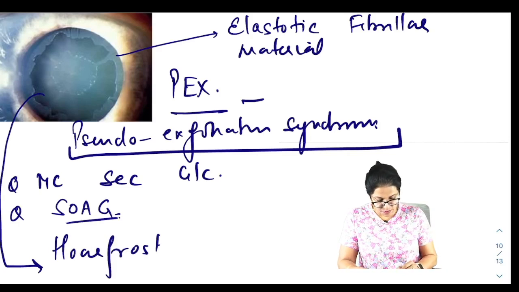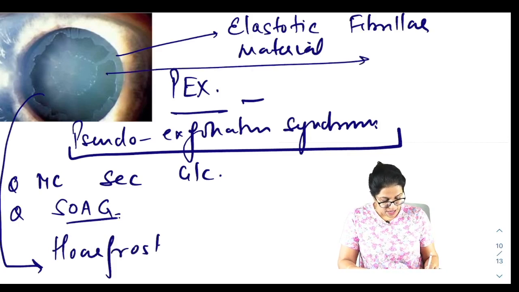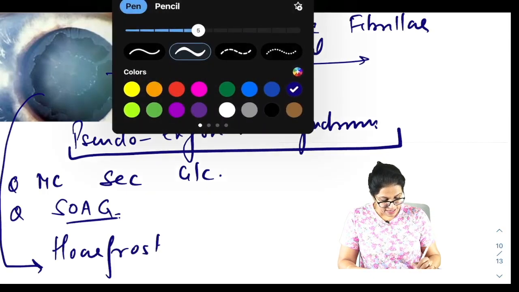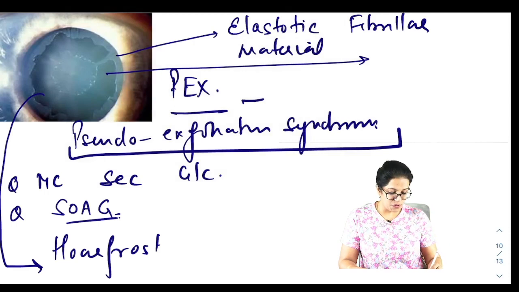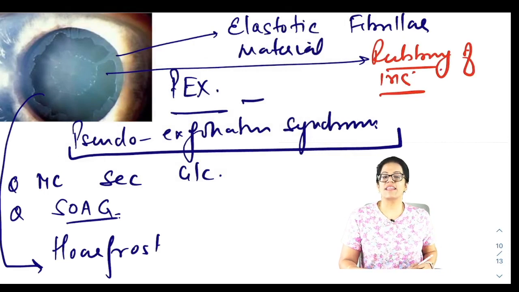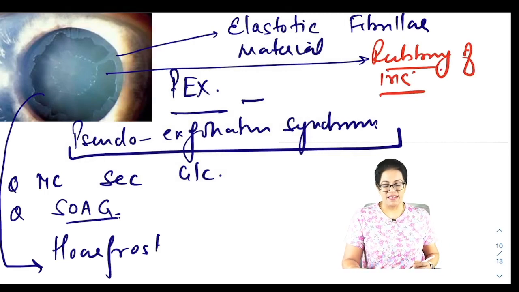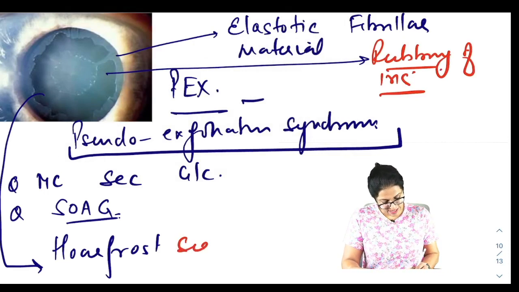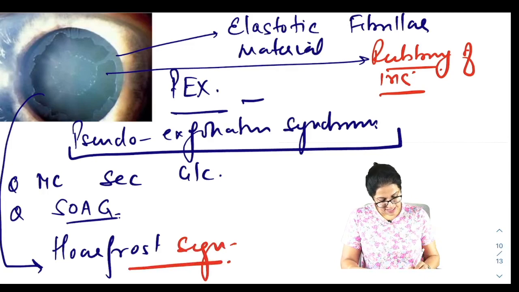Why is there no deposition in the middle? Because of rubbing by the iris. The material is washed away due to rubbing of the iris here, so the material is not seen. That is why you get this clear area. So this was about pseudoexfoliation syndrome.